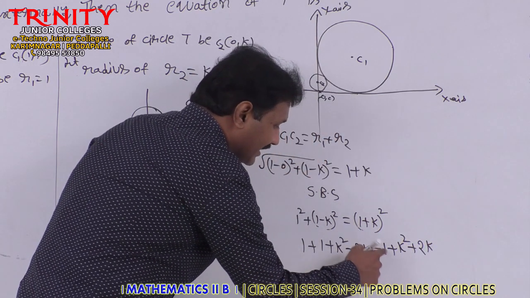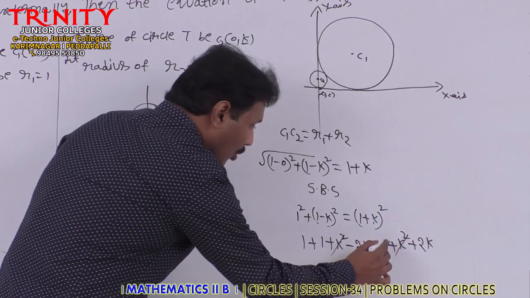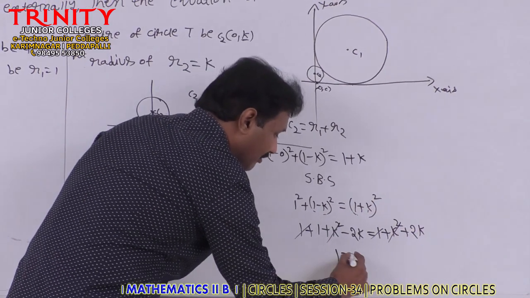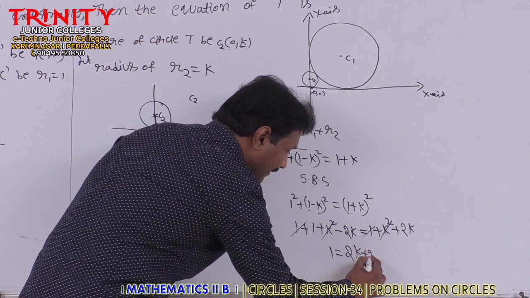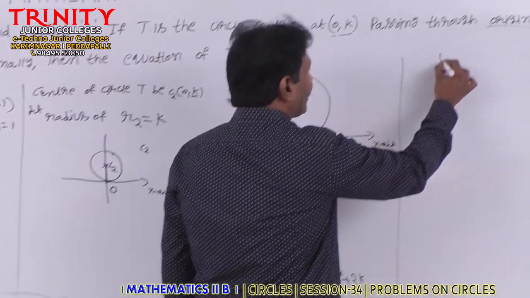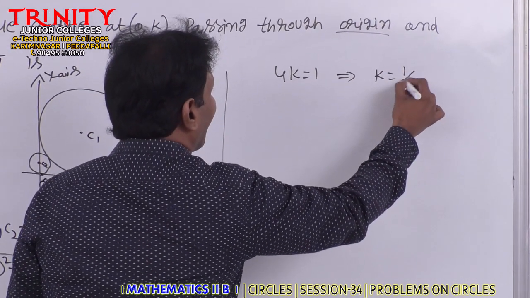The k squared terms cancel, and the 1s cancel. Here 1 equals 2k plus 2k, that gives 4k equals 1, that implies k equals 1 by 4.